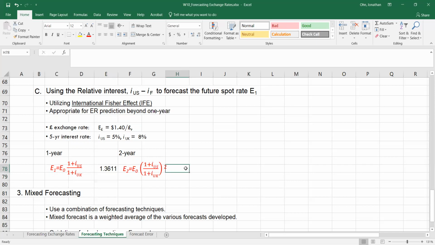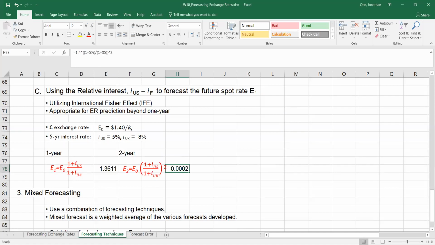Now for the 2-year period, 1.40 times 1 plus 5% divided by 1 plus 8%, squared for two years.